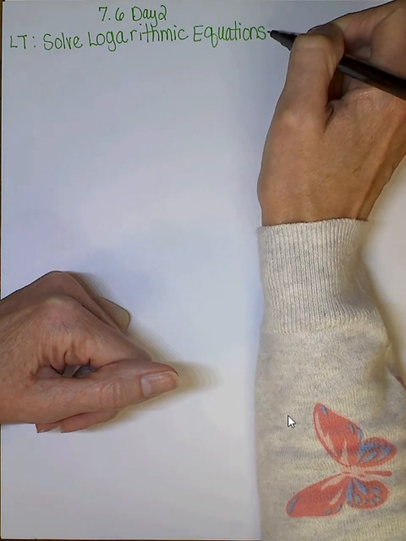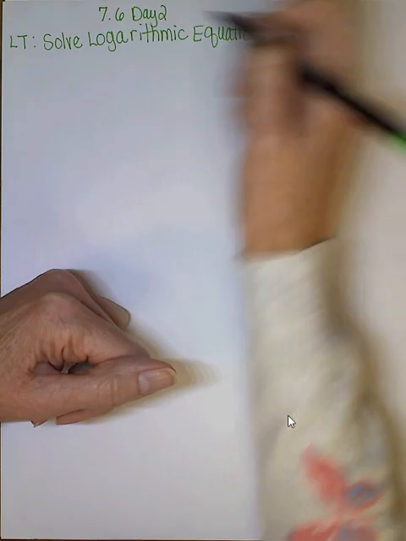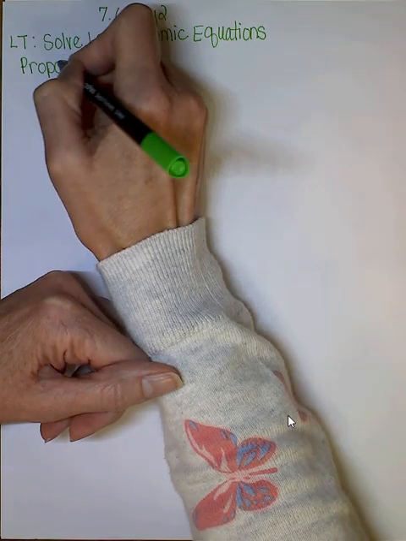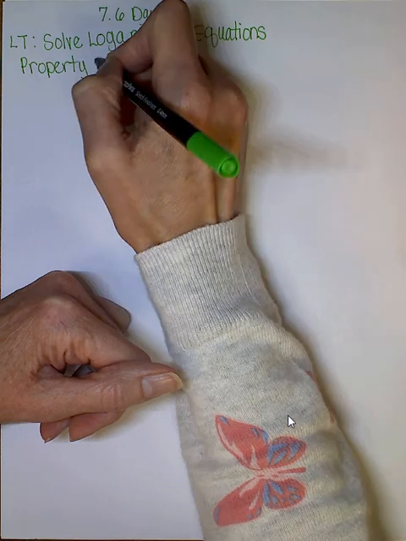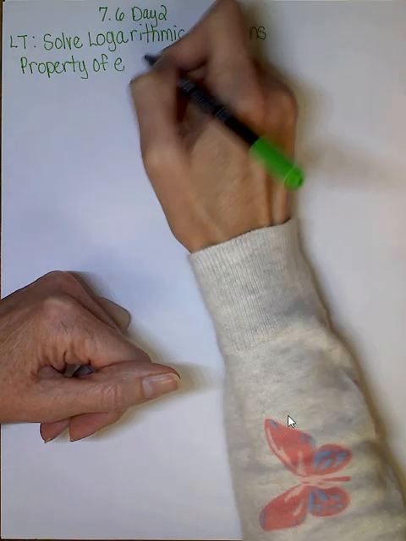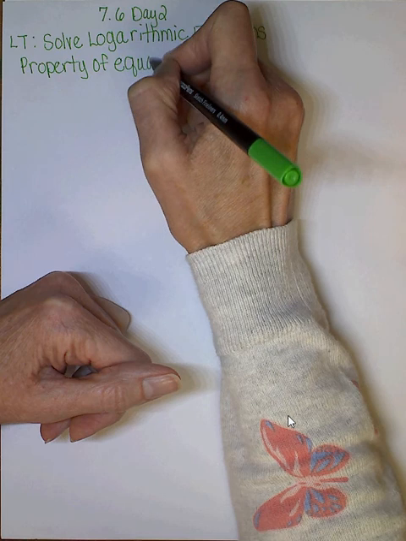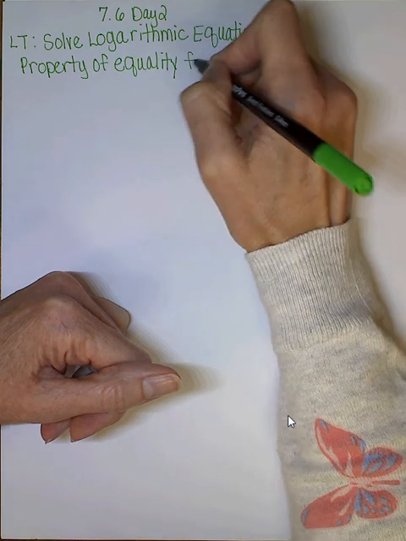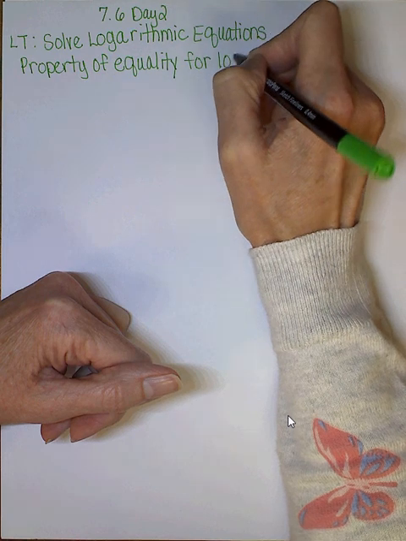And we're going to start out the same way we did in day 1 with the property of equality. And this one will be for logarithmic equations.